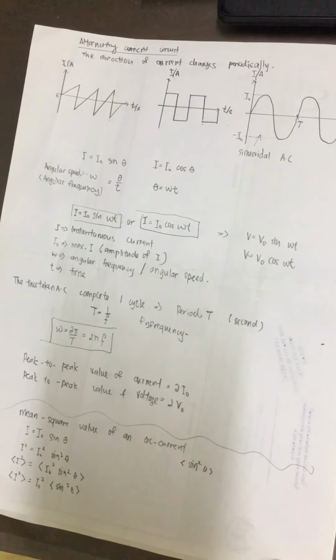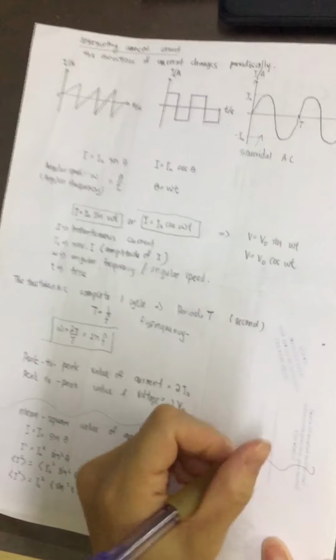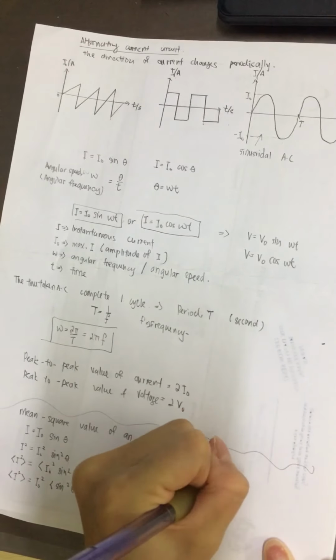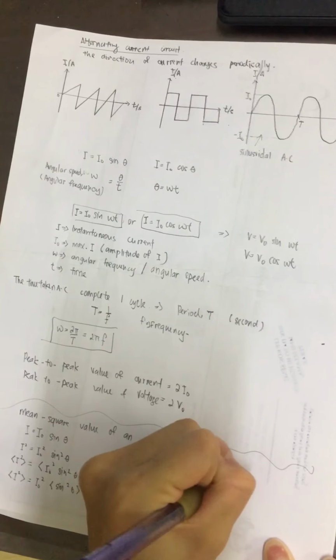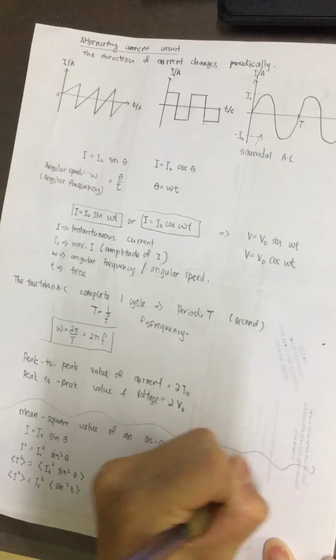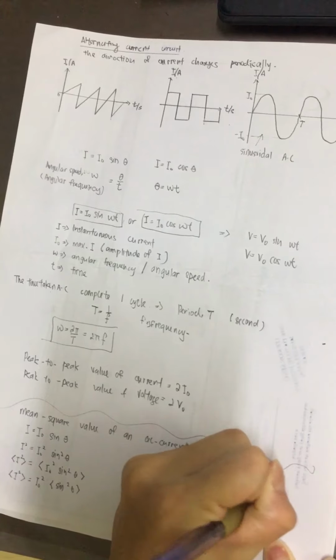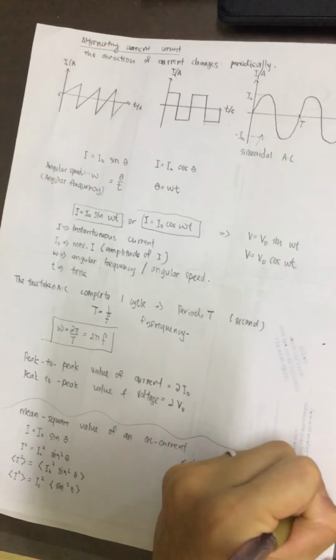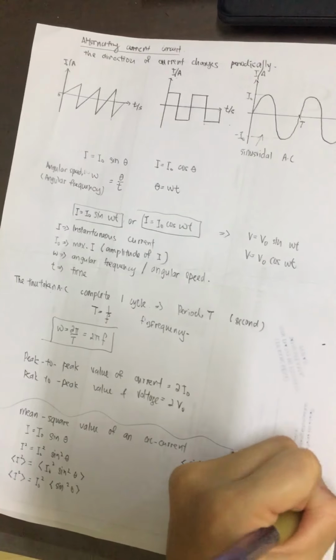The mean of sine squared theta is actually sine theta 1 squared plus sine theta 2 squared plus sine theta 3 squared, and so on, until the last term.